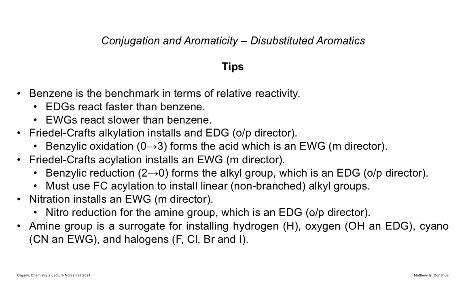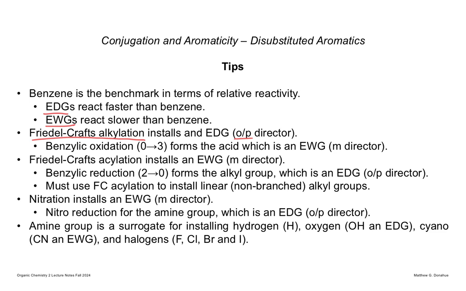So some tips on this. Electron donating groups always react faster than benzene, because the benzene pi bonds are acting as the nucleophile, they're more electron rich. Electron withdrawing groups react slower because they're pulling density out of the ring. Friedel-Crafts alkylation installs an electron donating group, ortho-para.